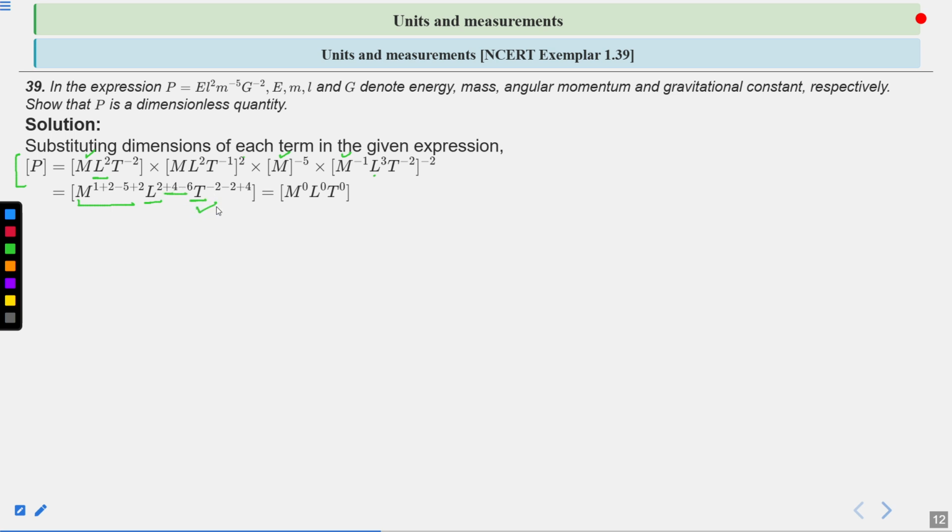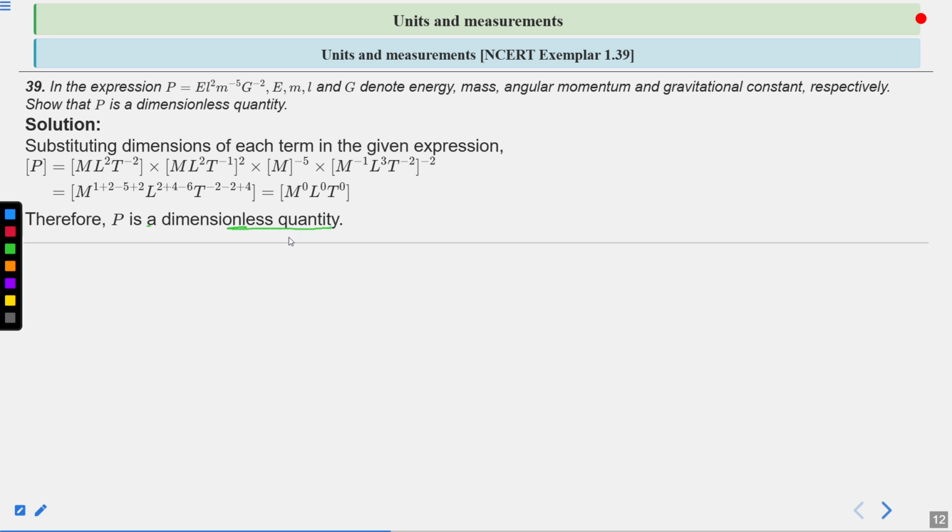Similarly for T. So after adding the powers, you will get M0, L0, T0. Therefore P is a dimensionless quantity, because the exponent of M, L and T is 0. So this is a dimensionless quantity. Clear?